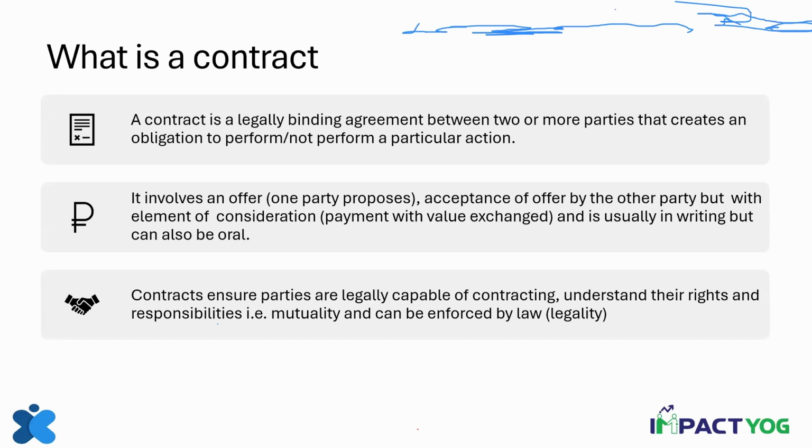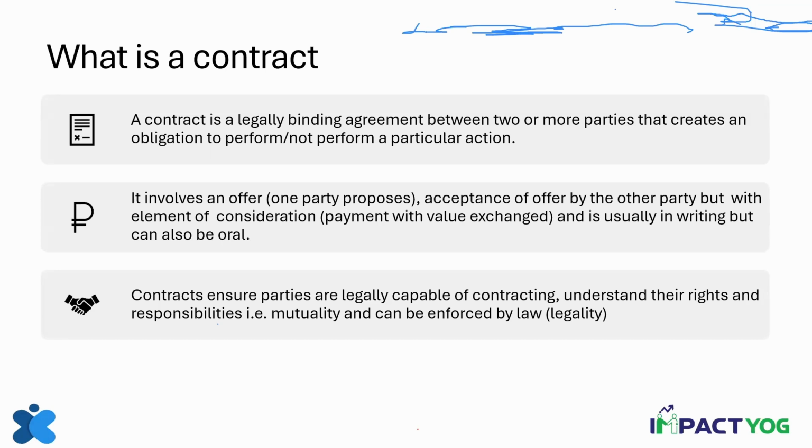And there is a consideration that is involved. Consideration means I will make you payment against this particular product. So the offer has been made at a particular price, and for a contract there has to be a payment or a price. That is what is called consideration, and that offer has been accepted.